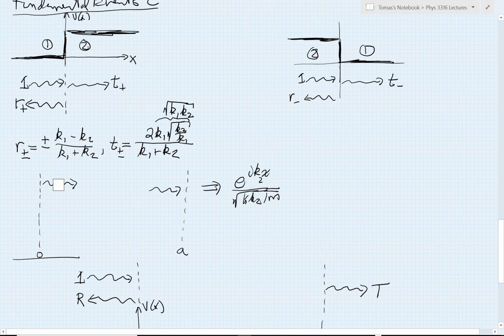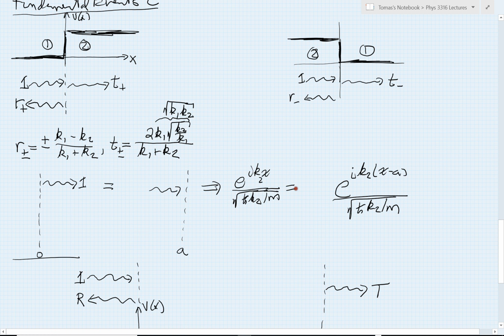That's what a unit wave in this direction would be. The unit wave in this direction would represent e to the i k2, but it's now centered at a different location, x minus a, divided by square root of h bar k2 again over m. And these two are not equal. I can't say that this unit wave here equals this unit wave over here.